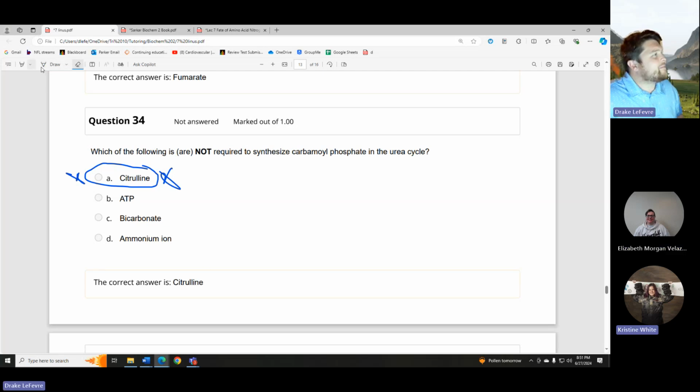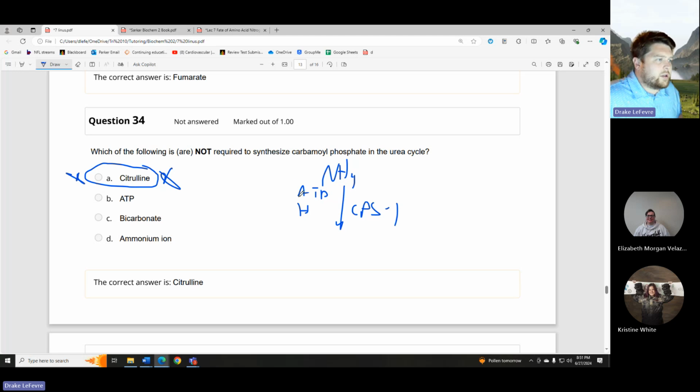Don't do that. Go with your gut. So we go from our ammonia, CPS1, we put in ATP, the bicarb, 2 ATP technically, HCO3, and then we use our B6 to do that whole process.